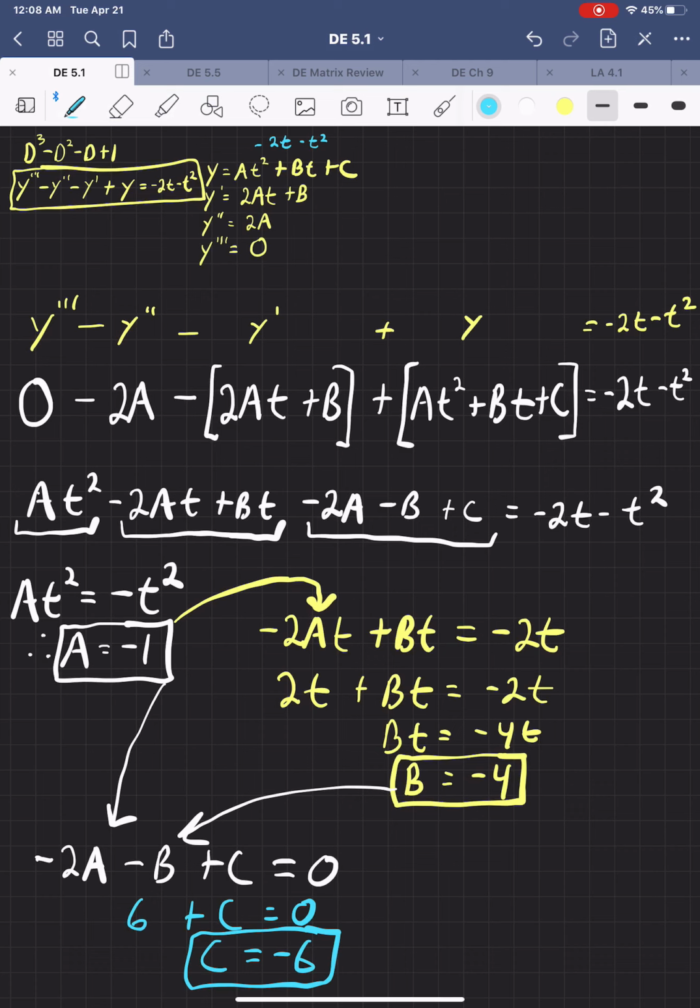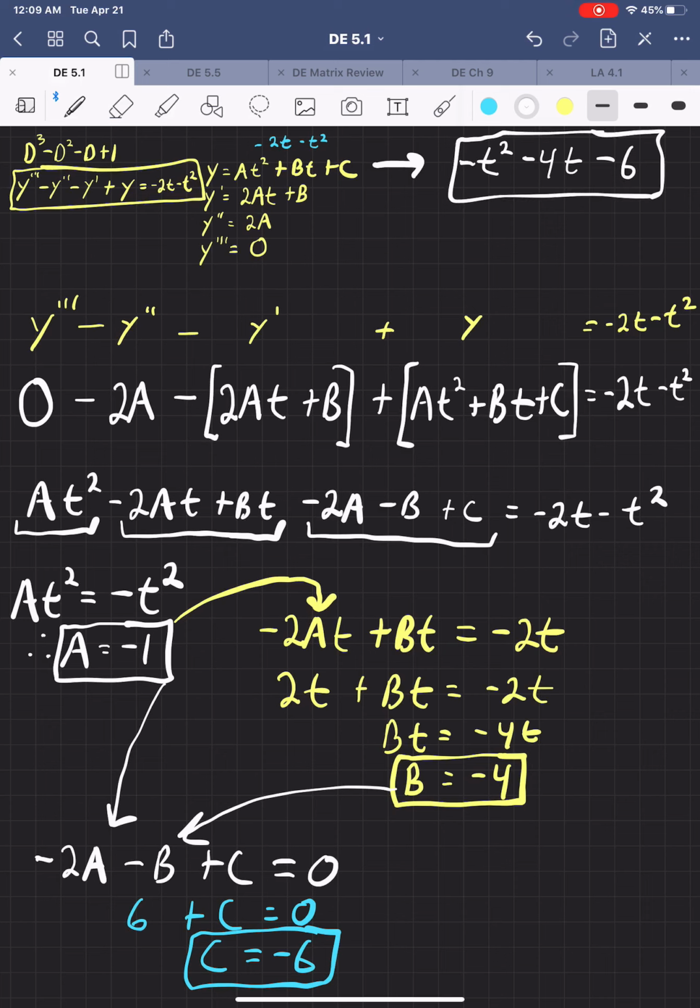Okay. Now, remember that the original y that I chose up here was at squared plus bt plus c. All of that work was so that I could figure out the coefficients. So with a equal to negative 1, this is negative t squared minus 4t minus 6.